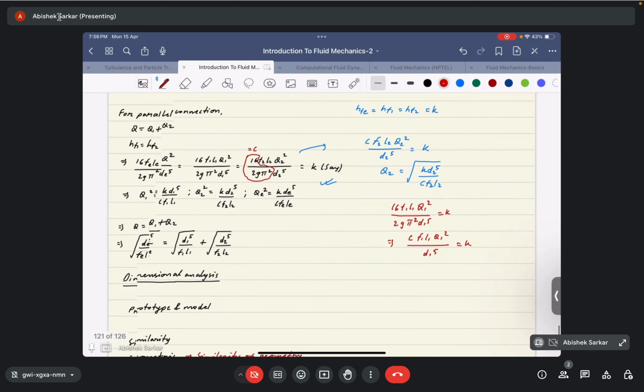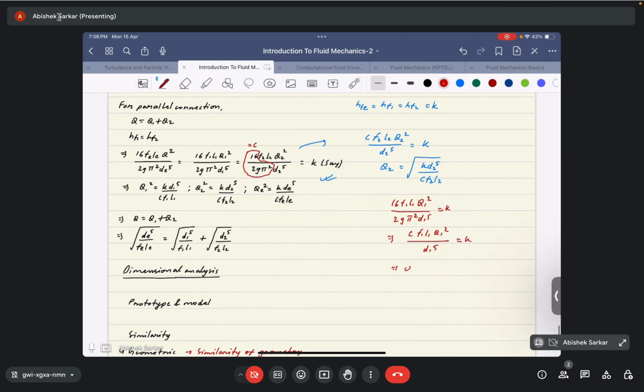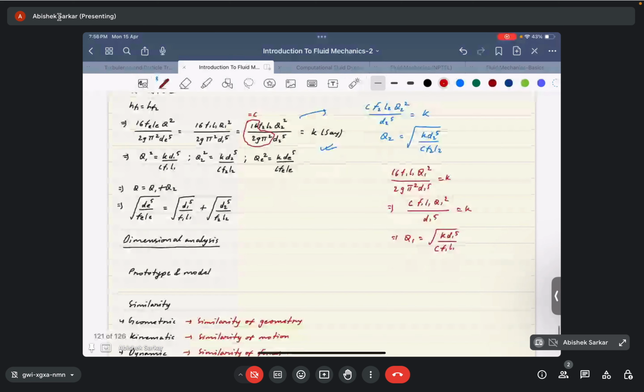Okay, or q1 is equal to square root of k d1 to the power 5 by c f1 l1. Oh, sorry, L1. Then we can basically write similarly for Q2.